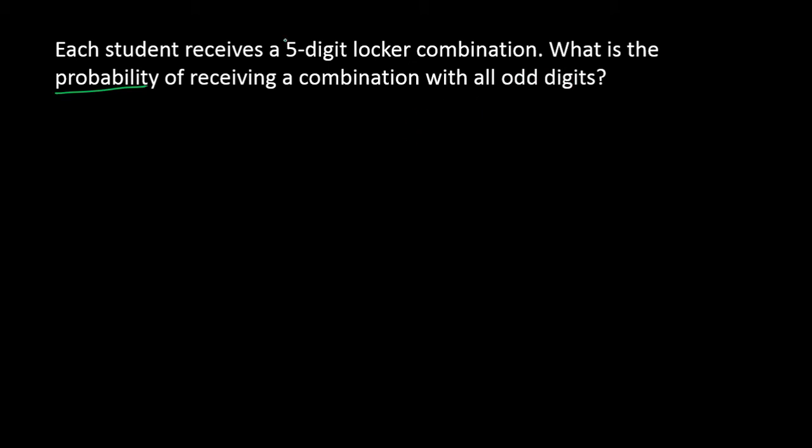Okay, so there are 5 digits to this locker combination. So that means we've got our first digit that we're going to have to figure out the probability that the first digit will be odd, the second, the third, the fourth, and the fifth.